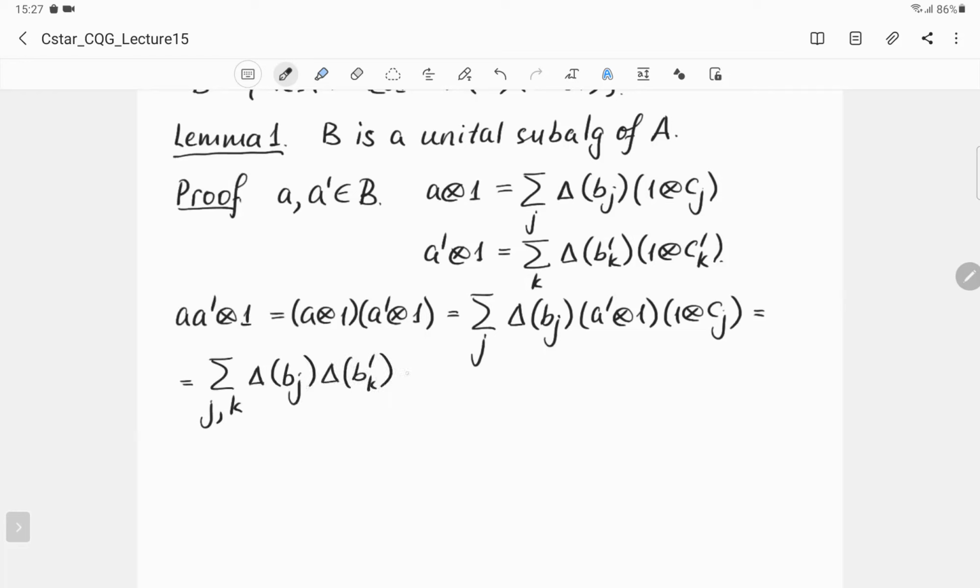And the resulting element obviously belongs to this subspace. And so this implies that the product a a prime sits in B. So this completes the proof of lemma 1. Lemma 2.